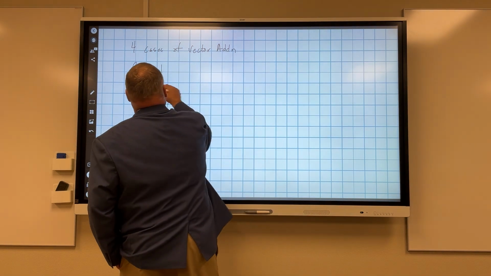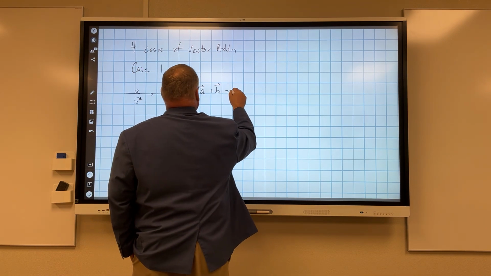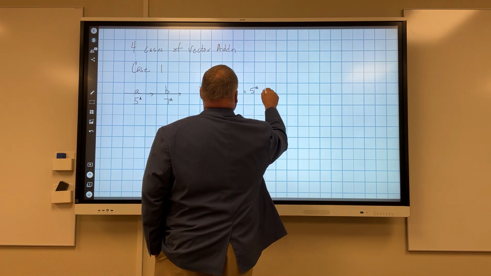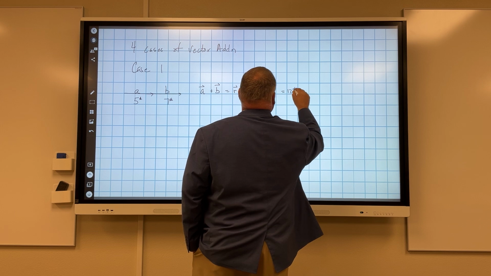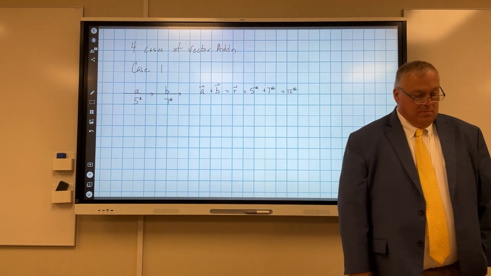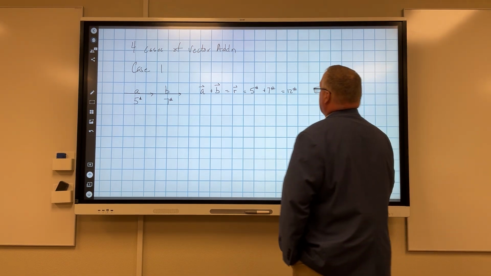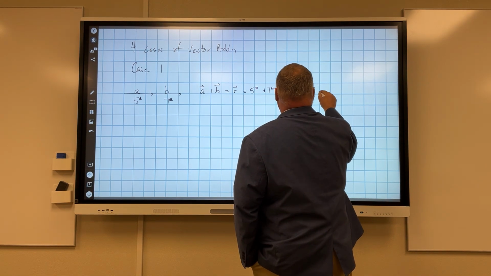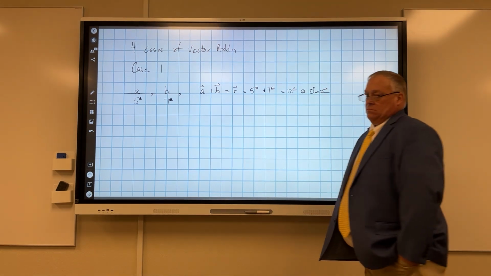So vector A plus vector B is equal to our resultant vector, which is equal to 5 pounds plus 7 pounds, which is 12 pounds at what angle? 0 degrees. At 0 degrees. Okay, it's 5 pounds plus 7 pounds, that is 12 at zero degrees.